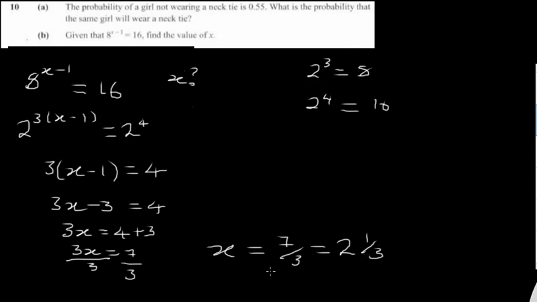And that is how we find the value of x. So the first and most important thing that you do is make sure that you have the same bases on both sides of the equal sign. Once you do that, it's quite easy, and you just work with the powers that you have and you get the value of x, right?